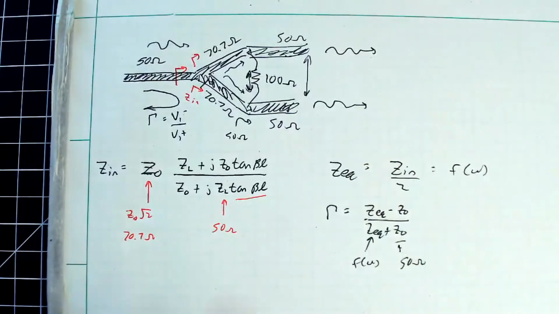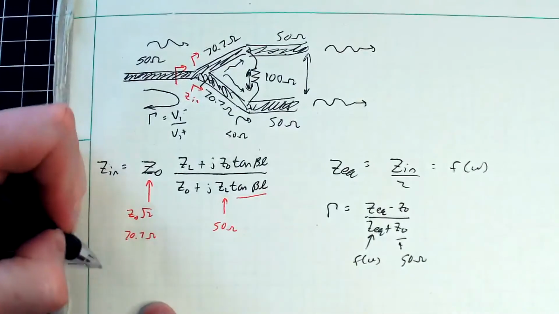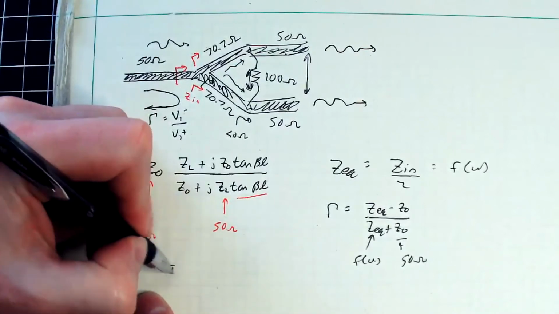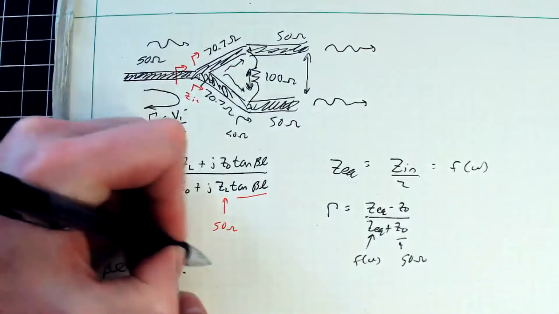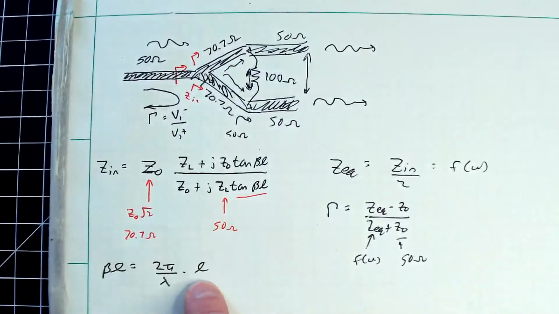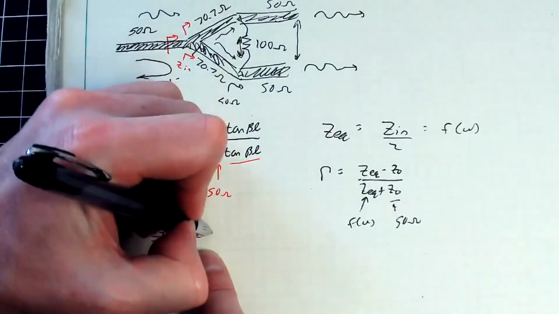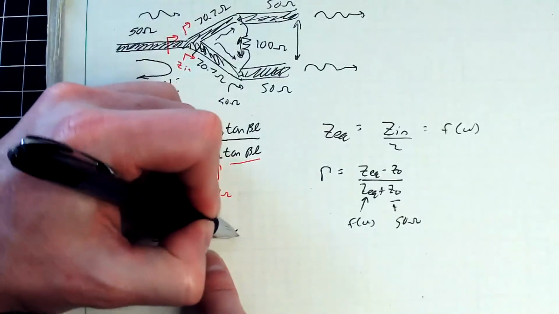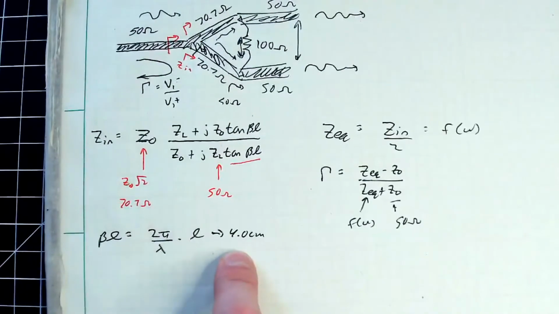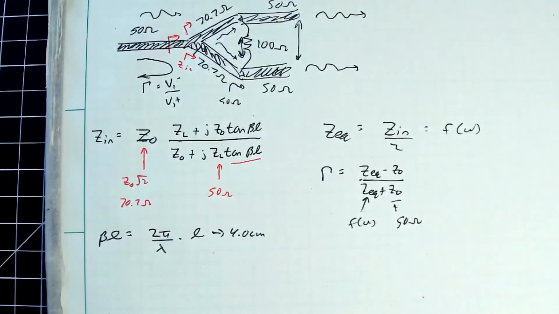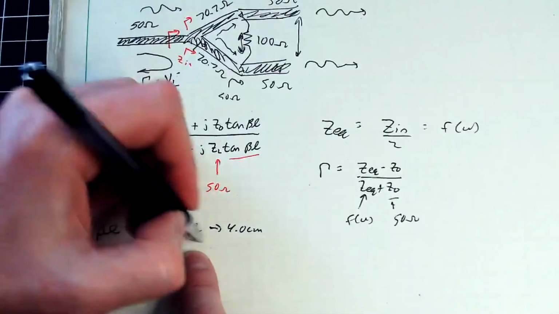And remember, beta L is going to be 2 pi over lambda times whatever that length is. So you have to pick a center frequency and determine that length. I think I fixed this at 4 centimeters. Let me double check that. Yes, 4 centimeters, so that L is going to be a fixed distance.